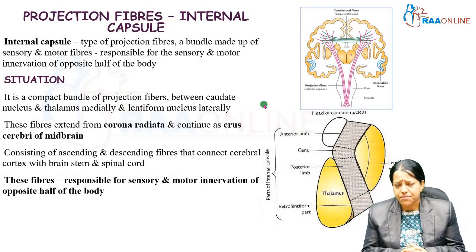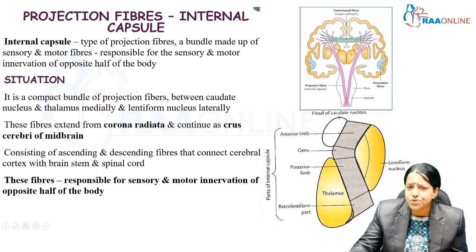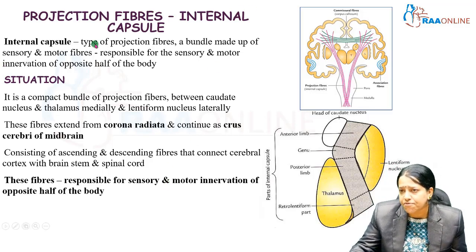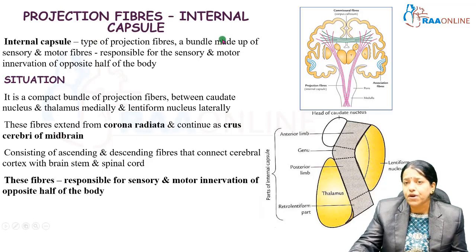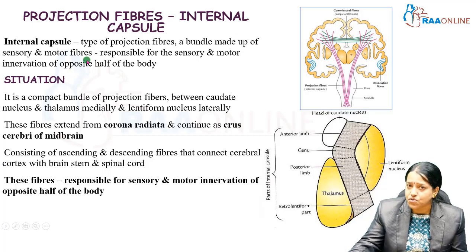We are focusing on the internal capsule, as we have told. Definitely you're going to write the answer like this. What type of fiber, what type of white matter is it? It is a type of projection fibers. It is a compact bundle made up of sensory fibers and motor fibers.